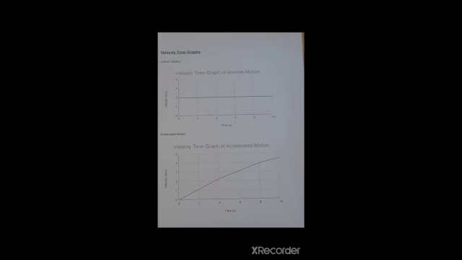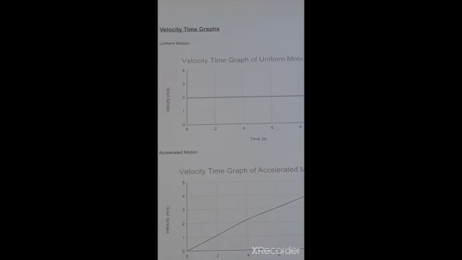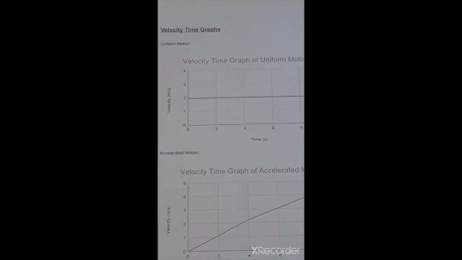Velocity time graphs. First, please remember, velocity is only your speed with a direction added. Now, velocity time graph for uniform motion. The whole time we were traveling 1.94 meters per second.